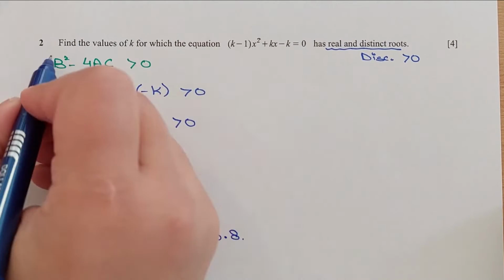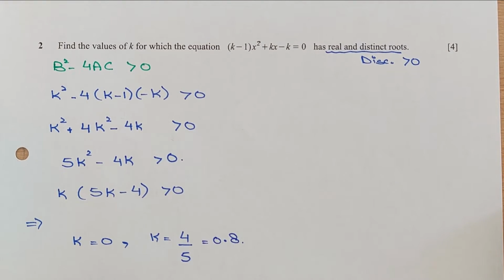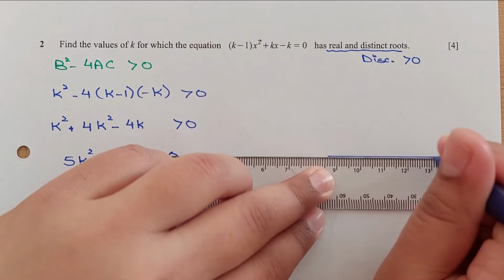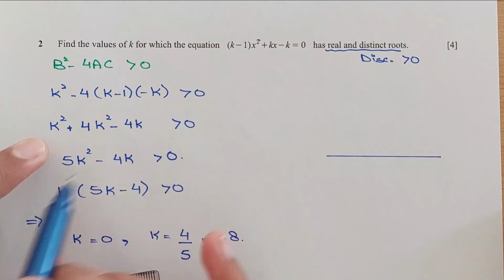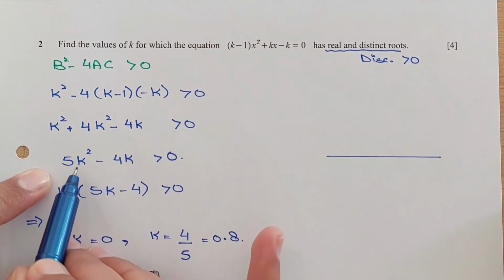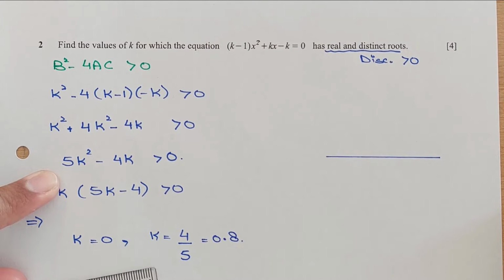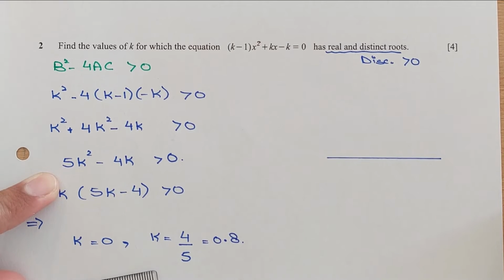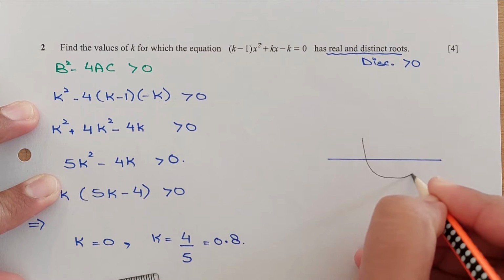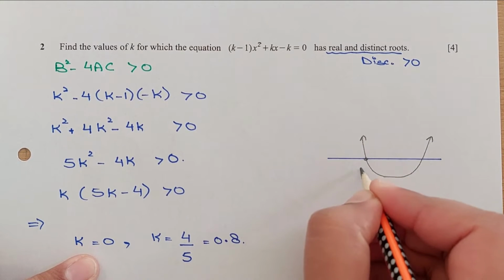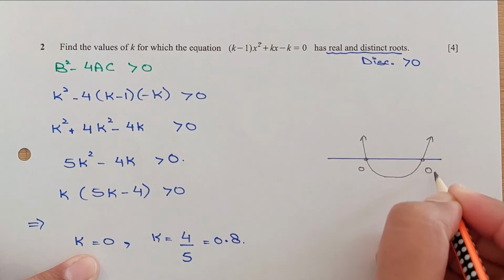4 by 5, this is 0.8. Okay, so we have to find the values of k when this equation has real and distinct roots. So if I draw the parabola, as you can see, this is a quadratic equation in a variable k, and the coefficient of k squared is positive. So it means that the parabola opens upward, right? So let me draw this parabola, and its opening is upward. We have two zeros, k equals 0 and k equals 0.8.